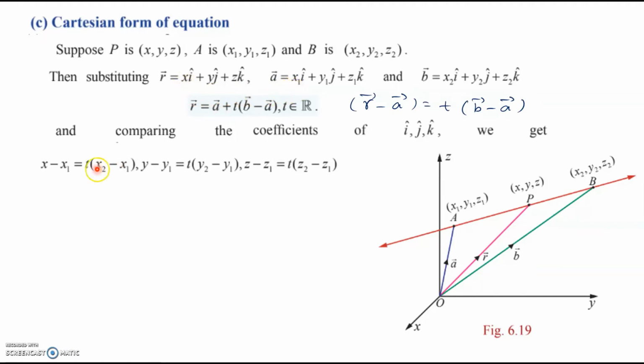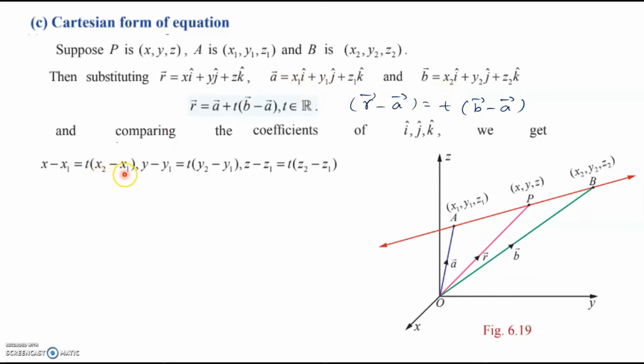On the left hand side we have x minus x1. Similarly, on the right hand side, you have t into B minus A. So what is our B? B is x2 i cap and so on, and A is x1, y1 and z1. Now for B vector minus A vector, the coefficient of i cap would be x2 from B vector and x1 from A vector. So it will be t times x2 minus x1.